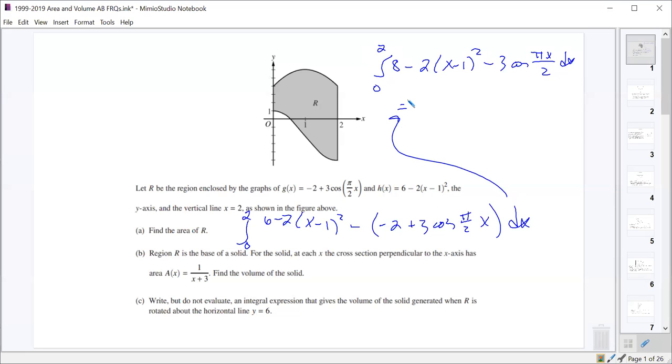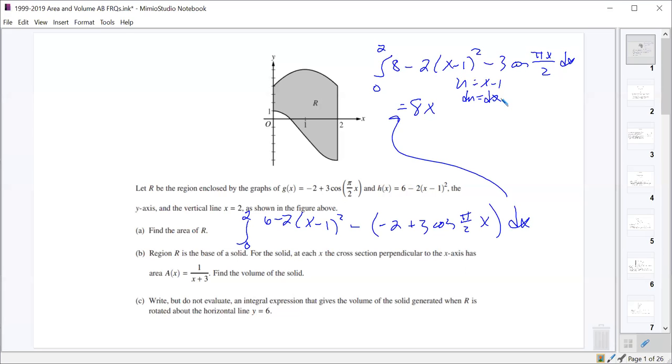What's the integral of 8? Should be 8x. What's the integral of minus 2 times (x minus 1) squared? It requires a simple u sub, right? Because it's a function squared. If you do u equals x minus 1, what's du?